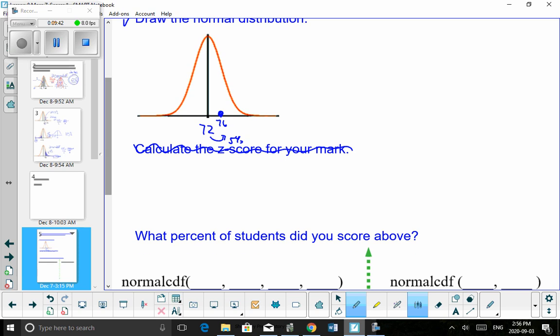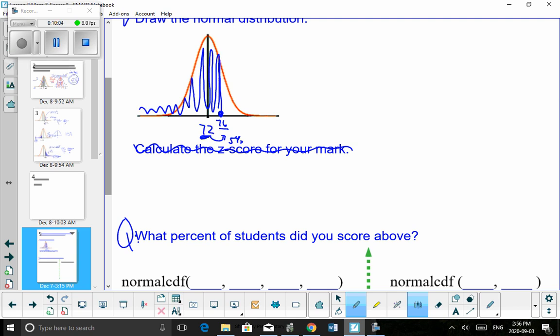So the question says, what percent of students did you score above? You scored above most of the kids in the class because this is the class average and this is what you got. So I want to know what this percent is all the way down.